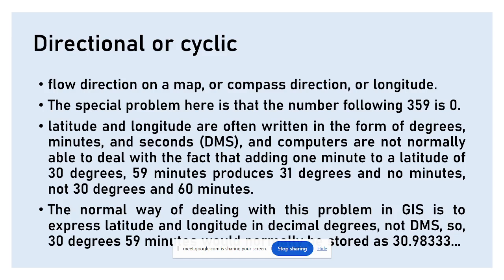If you're directly adding that 1 minute to 30 degrees 59 minutes, that is not right. Okay. So a normal way of dealing with this problem in GIS is to express lat long in terms of decimal degrees and not in terms of degree, minute and second. So 30 degrees 59 minutes will be stored as 30.988, like that. So when you add 1 minute to it, that becomes 31 degrees and 0 minutes instead of 30 degrees and 60 minutes.